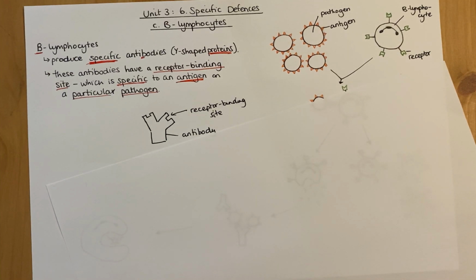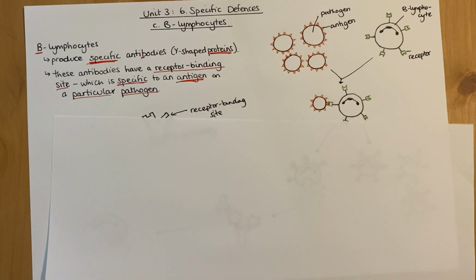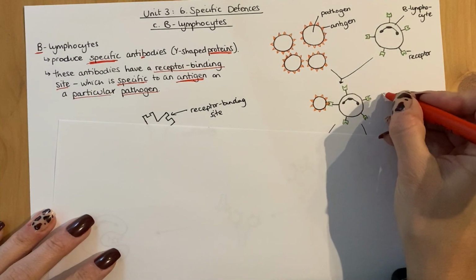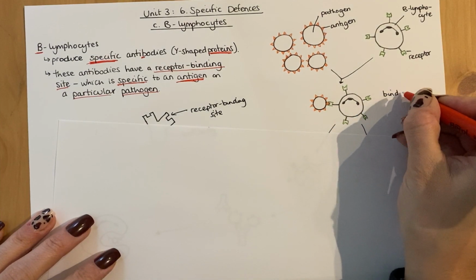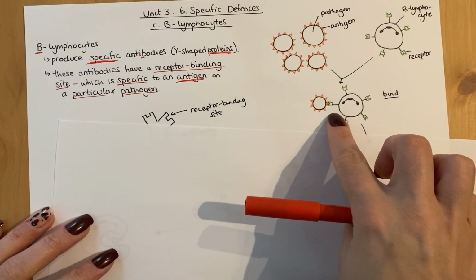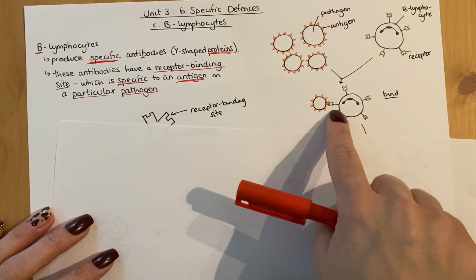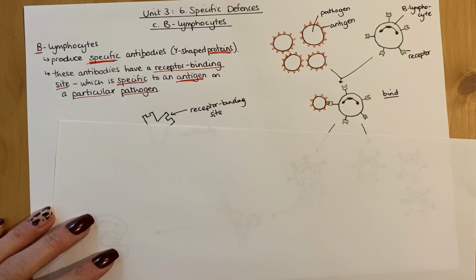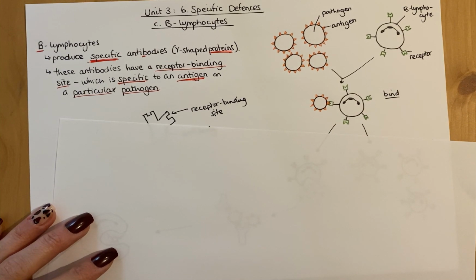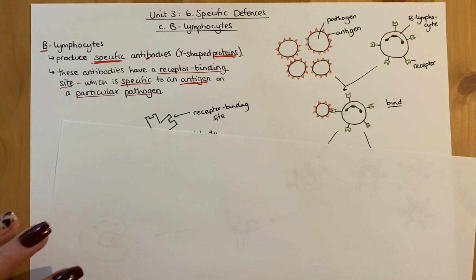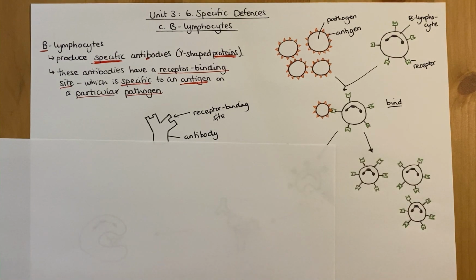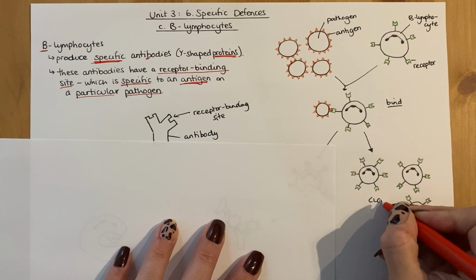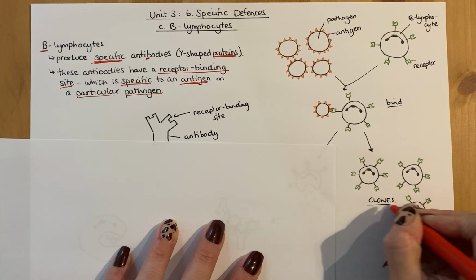Just like any lymphocyte, regardless of which type, these lymphocytes will bind to that foreign pathogen. That antigen will bind to that receptor on that B lymphocyte. Now, when any lymphocyte, regardless of type, binds to a foreign antigen, it will divide and produce clones.